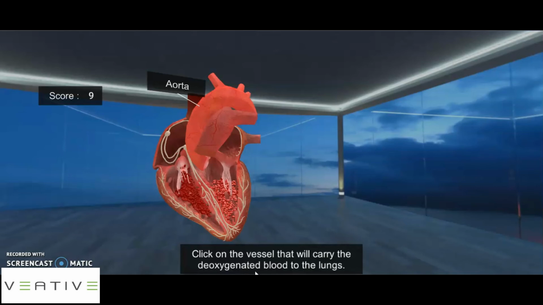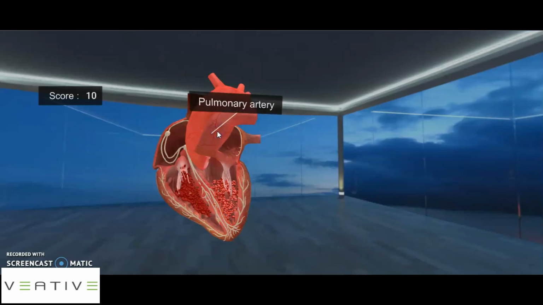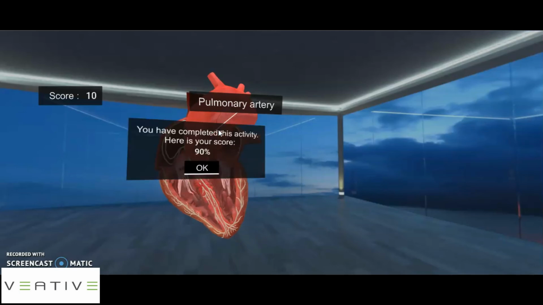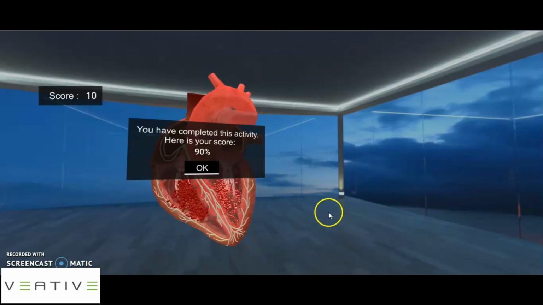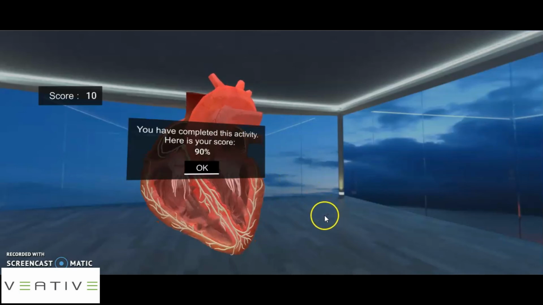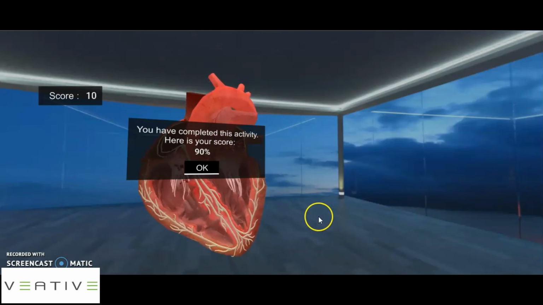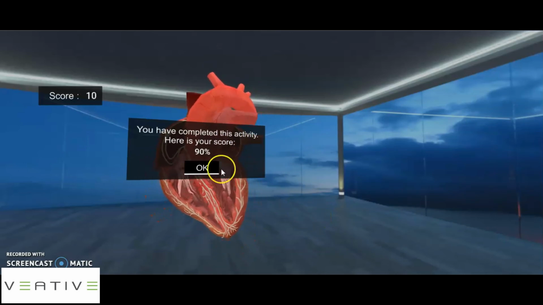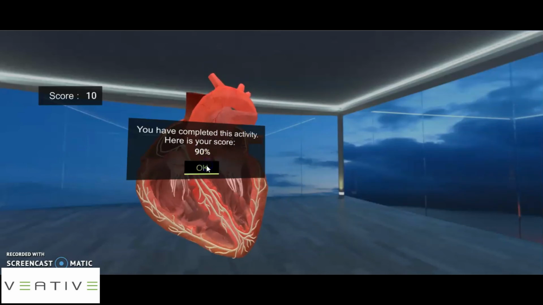Correct. The deoxygenated blood from the right ventricle will be carried to the lungs through the pulmonary artery. Well done. You have completed this activity and here is your score. You get 90%. Congratulations to all of you.